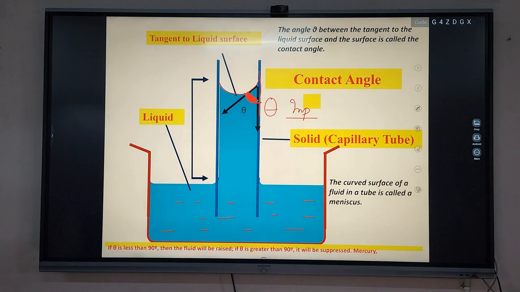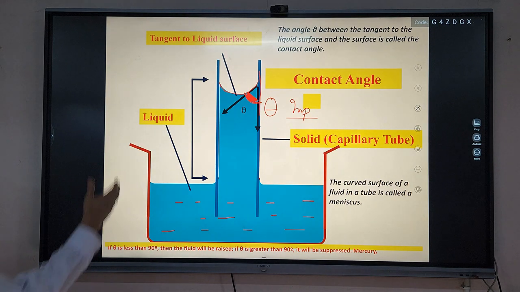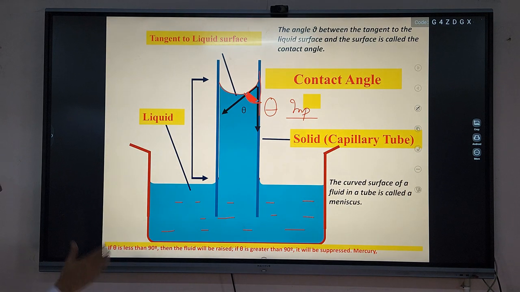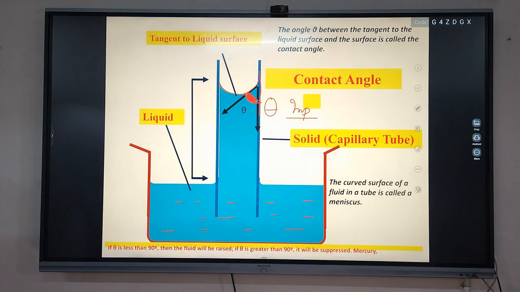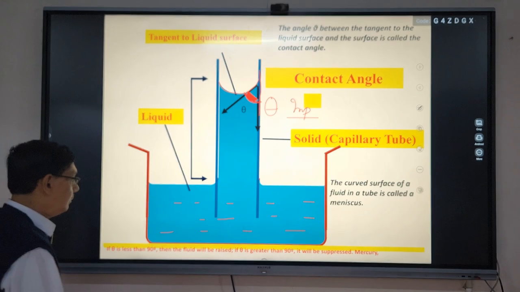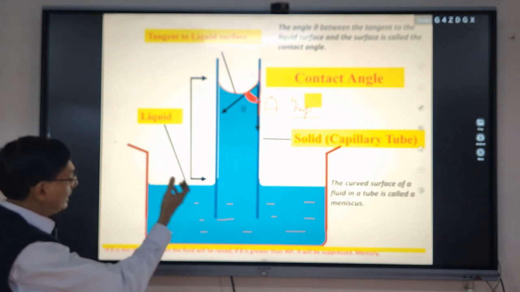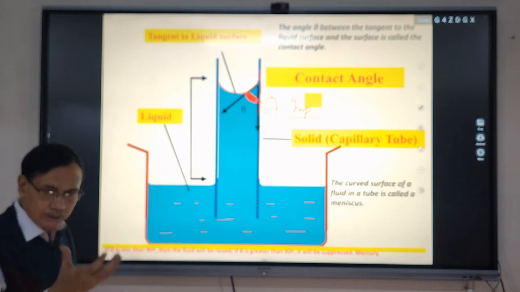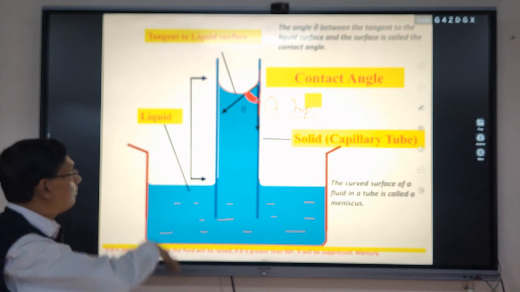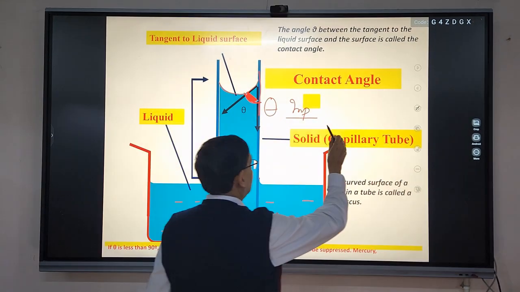If this contact angle, as you see, is less than 90 degrees, then the fluid will rise. And if this contact angle is greater than 90, it will be suppressed, as for mercury.